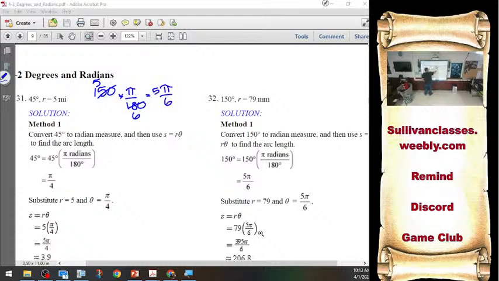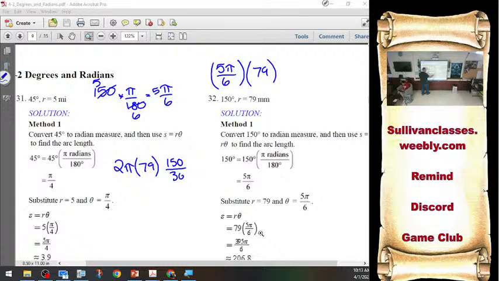Now I can do radians times radius to get my area, or this was arc length. The alternative is you could have just done 2 pi r times x out of 360. Okay? New school, old school, both get you the same answer. Either one.